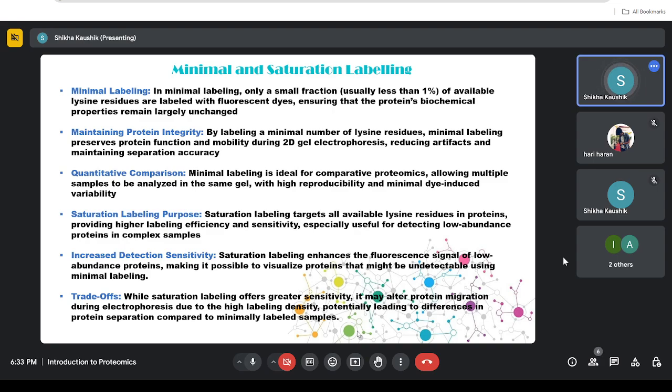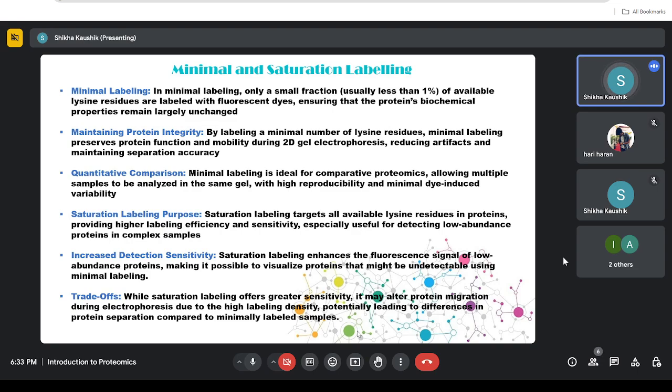So in the high amount protein, even if the lysine residues are more or fewer, because you're doing minimum labeling, only 1% will have the label. But if I talk about the low abundant protein, which is already present in the sample in a very low amount, the additive effect of its lysine residues will be less as compared to high abundant protein.